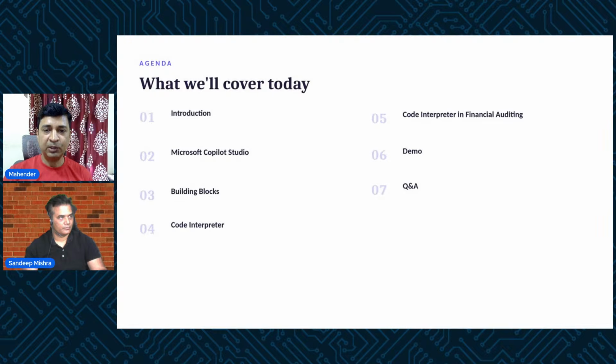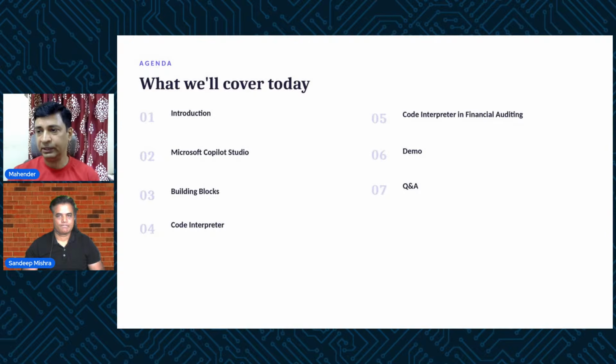We will discuss the main building blocks present in Copilot Studio, when we use those, and how we can connect with different tools. Next, we'll start with the code interpreter: what it is, how it can be used in Copilot Studio, and how it can be used in financial auditing, so how we can benefit from it.